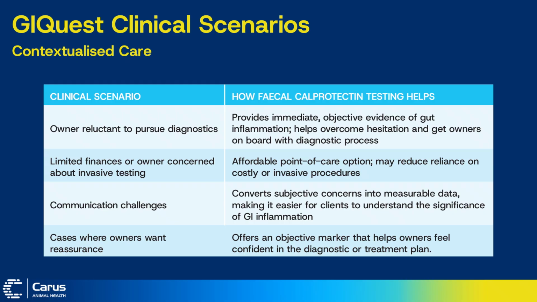And then finally, cases where owners want reassurance. We have a lot of cases coming in who maybe their dog has had IBD before, and they come in and they say they're showing those super subtle signs that only an owner would pick up, and I really feel like they're about to go into another flare-up.